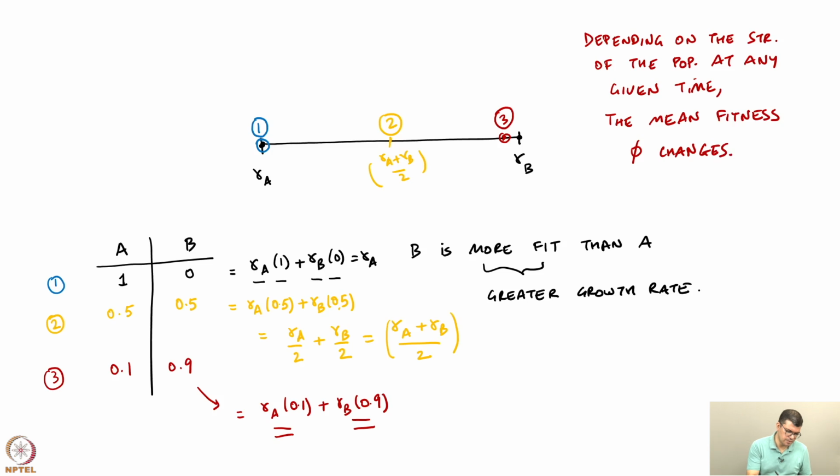In this case, it is clearly illustrated that these are 3 different populations with 3 different values of phi.